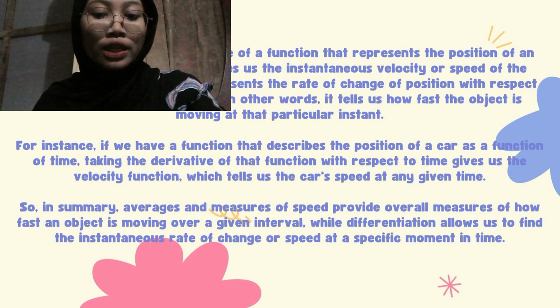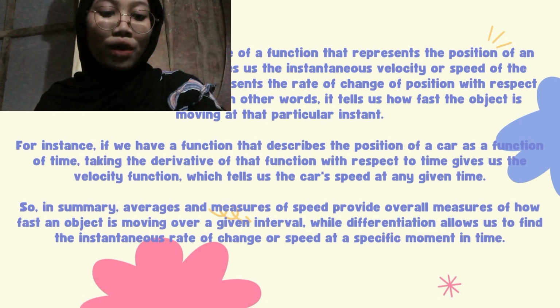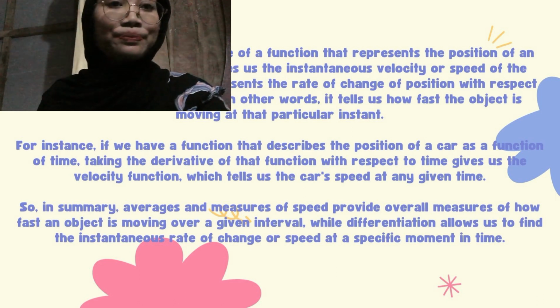So, in summary, average and measure of speed provide overall measures of how fast an object is moving over a given interval, while differentiation allows us to find the instantaneous rate of change or speed at a specific moment in time.